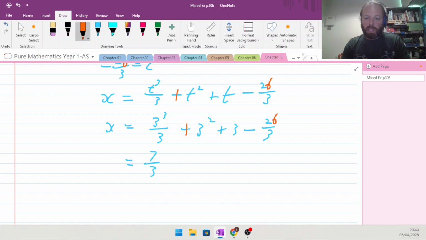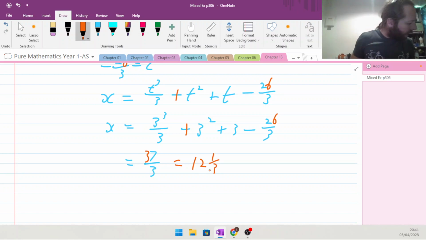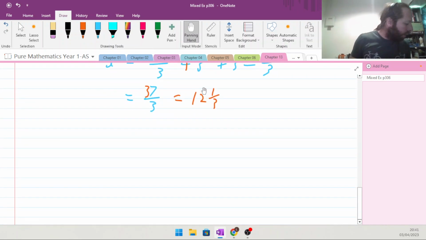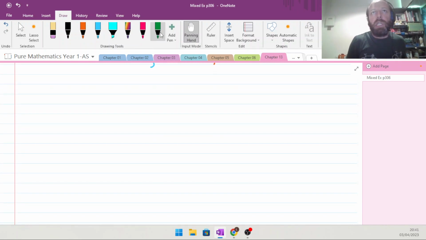Okay, 37 over 3, which is 12 and a third, which I'm pretty certain does match the answers at the back of the book. Yes, it does. Okay, so definitely watch out for plus and minus signs as you go through. No problem though. Right, question 6 then.